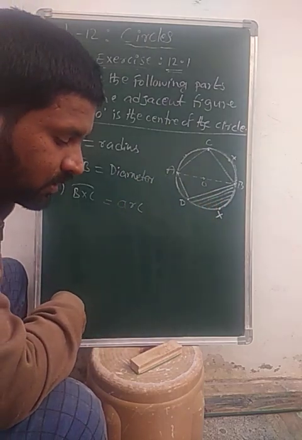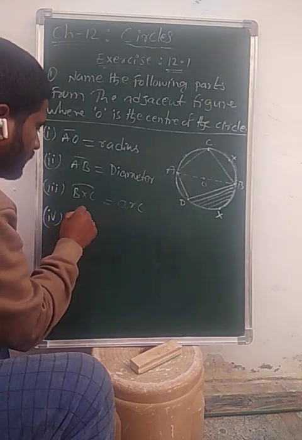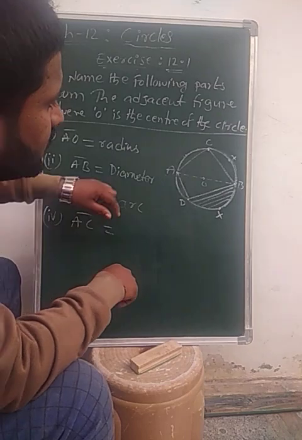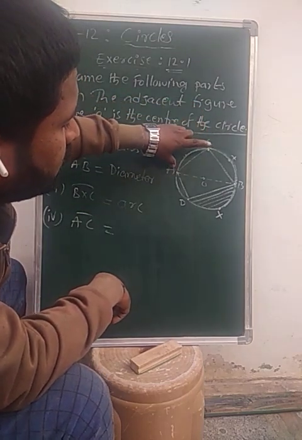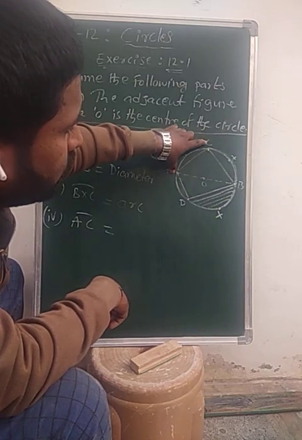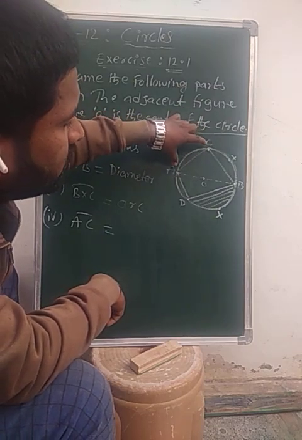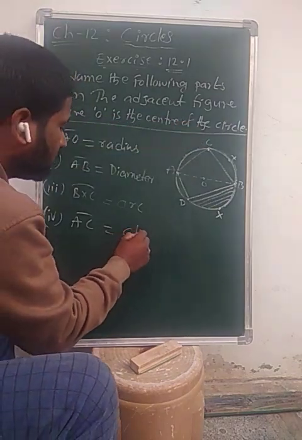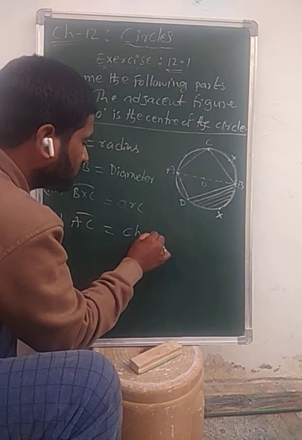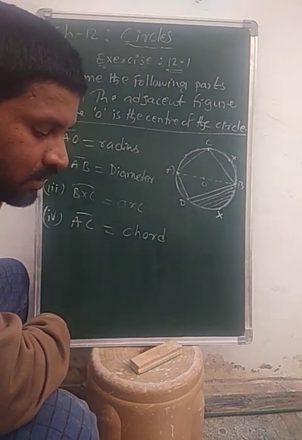Next, AC. What is AC? A is a point on the circle and C is also a point on the circle. By joining the 2 points on the circle, that is called a chord. AC is a chord of a circle. Next, DCB.